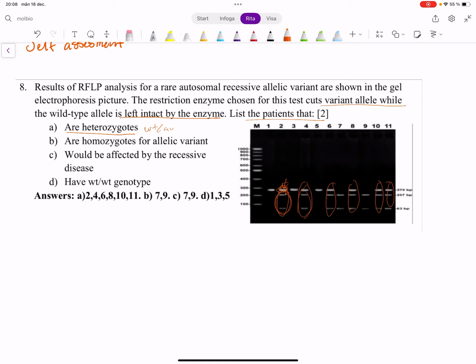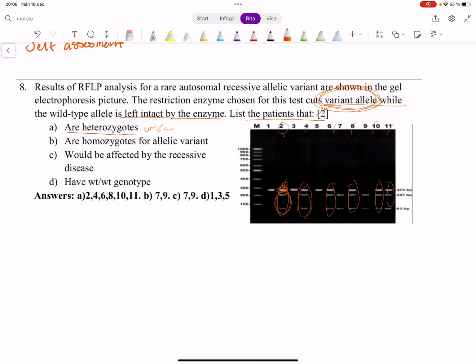Basically, for patient 2, you put his DNA in a tube, you put in a restriction enzyme. This restriction enzyme is looking for the allelic variant, it's not looking for wild type. It found the allele, and then it cut the allele. And this happened for patients 2, 4, 6, 8, 10, and 11.